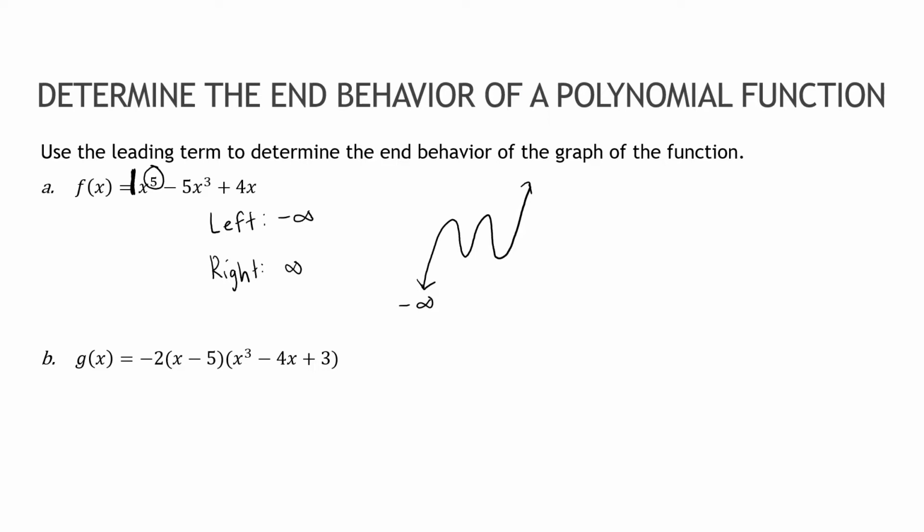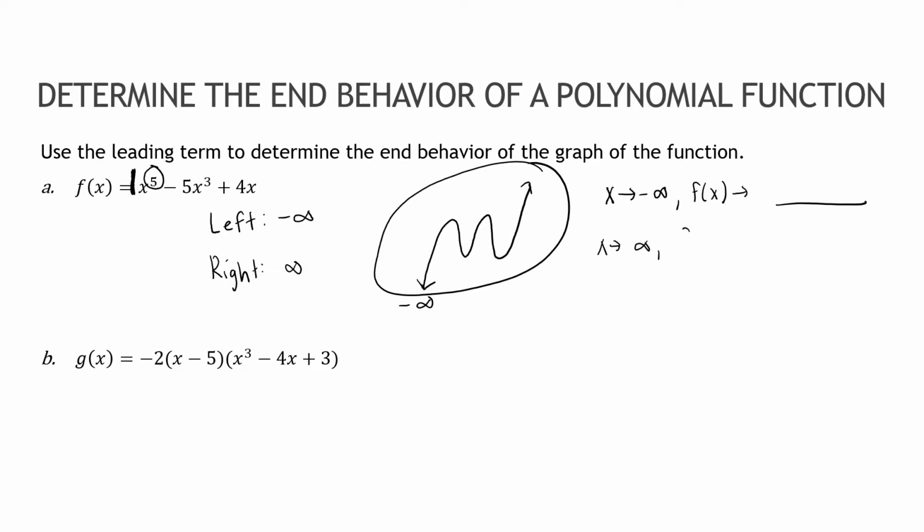They might just ask you to match it with a graph that looks like this, or they might give you something that says, as x approaches negative infinity, f of x approaches what? And as x approaches positive infinity, f of x approaches what? And again, that's exactly what we've done here. It's just throwing in some mathematical notation.